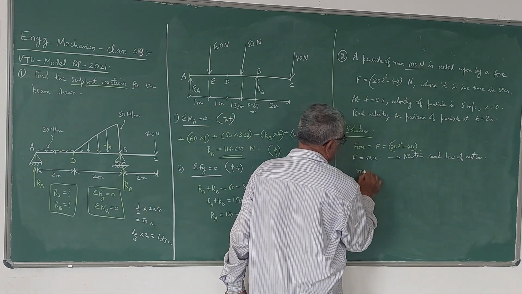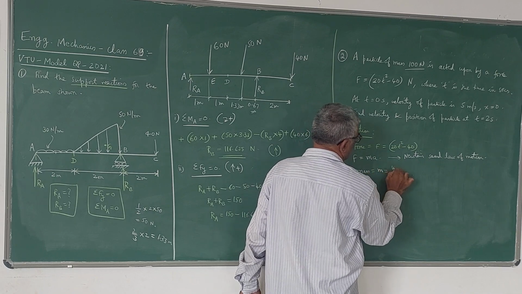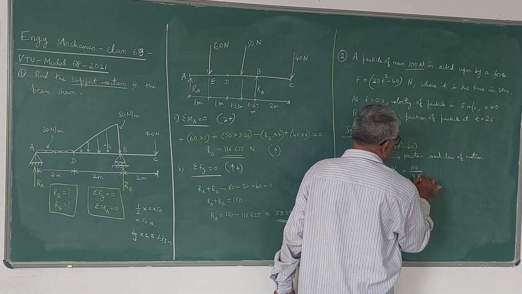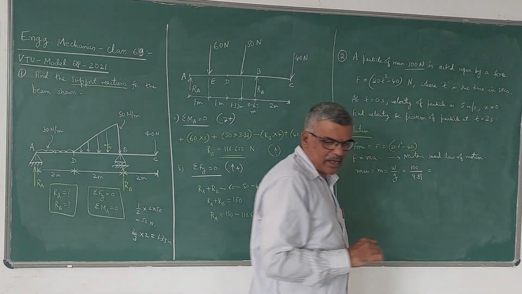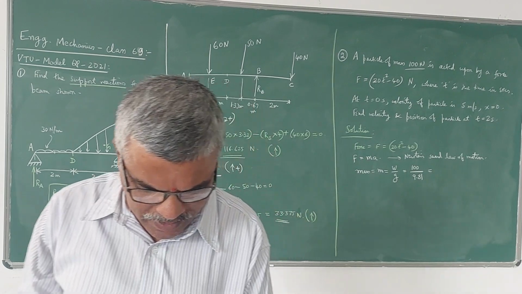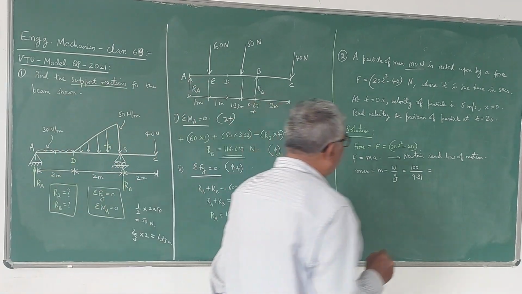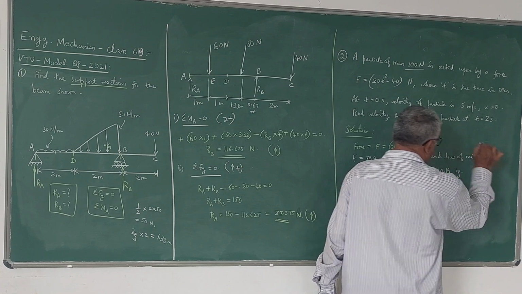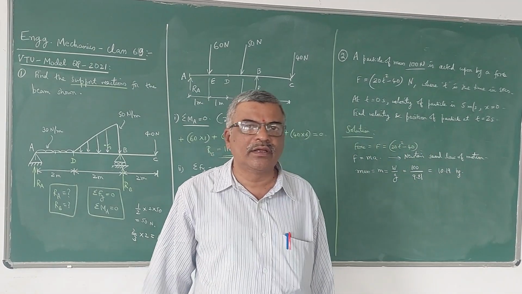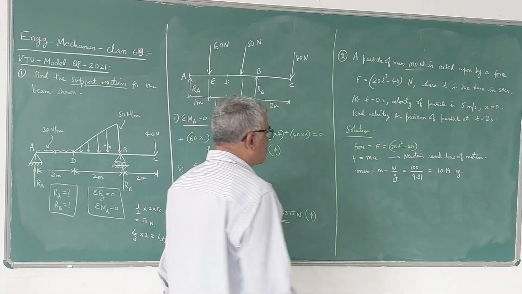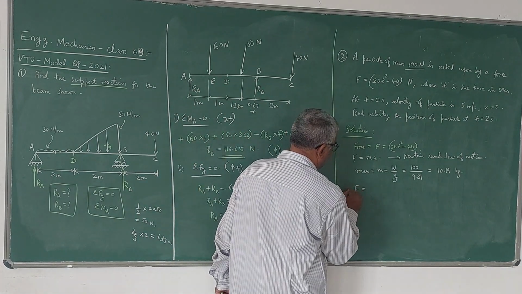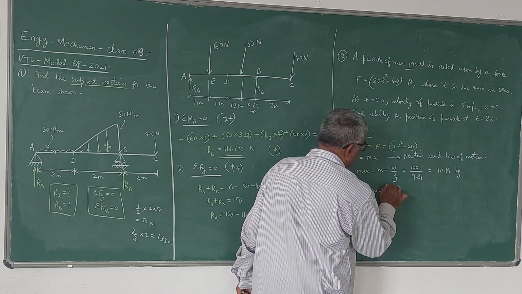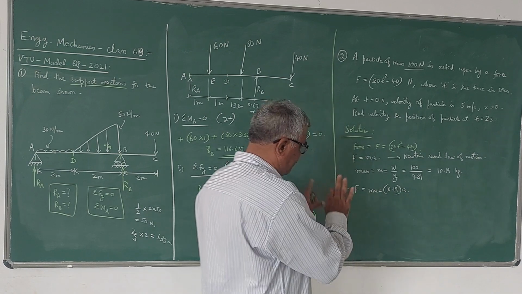So mass I can take as weight divided by g, that is 100 divided by 9.81, which gives m as 10.19 kgs. Please note that when weight is in newtons, mass will be in kgs, SI units. Therefore F is equal to m into a, that is 10.19 into a.